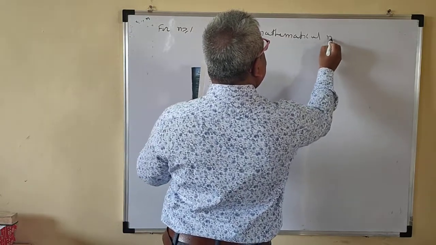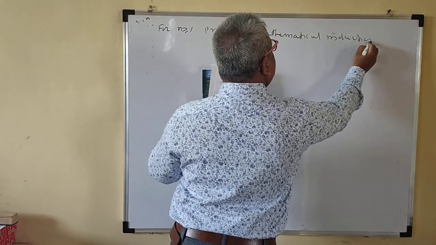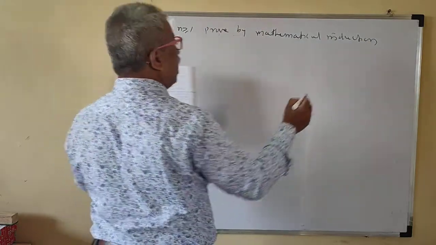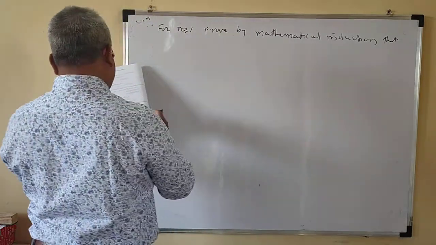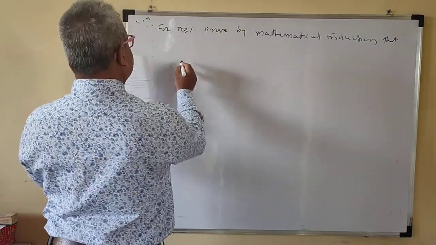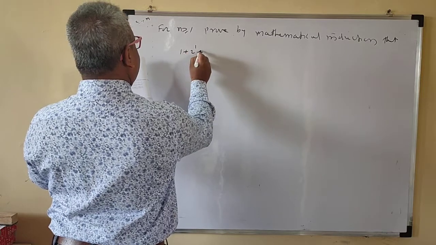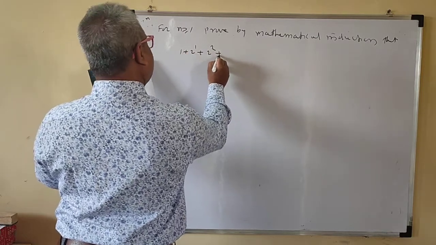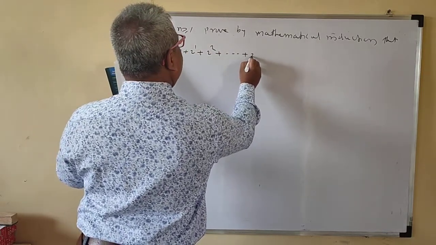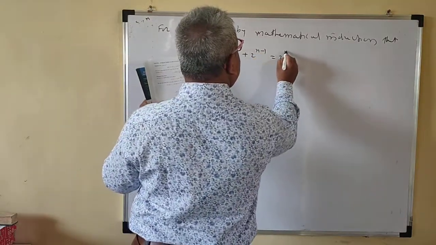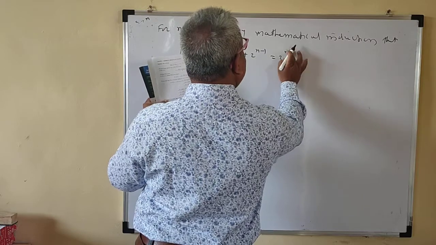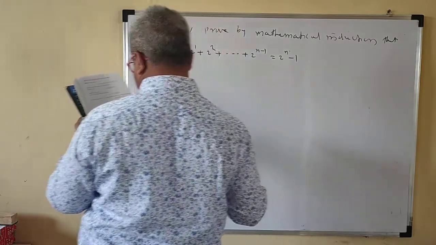Mathematical induction that 1 plus 2 raised to 1, 2 raised to 2, dot dot dot, plus 2 raised to n minus 1 is equal to 2 raised to n minus 1.